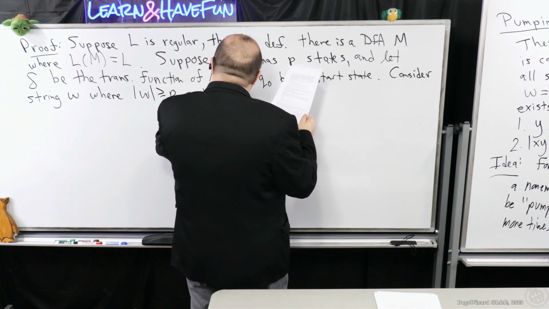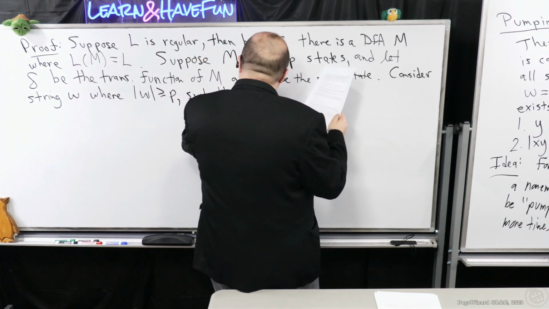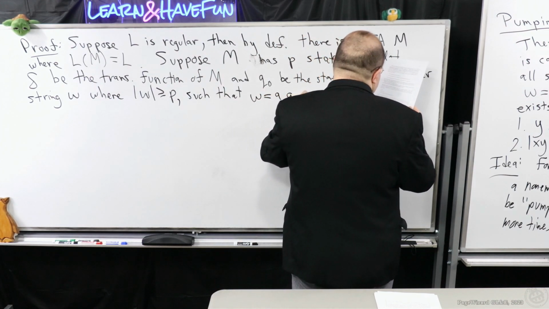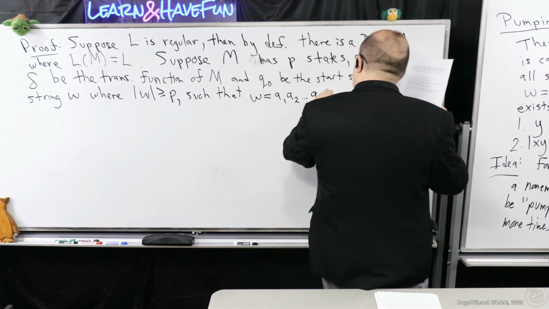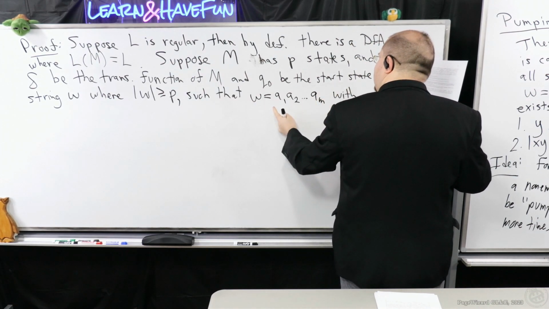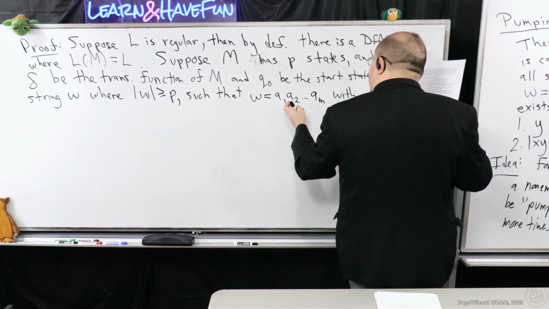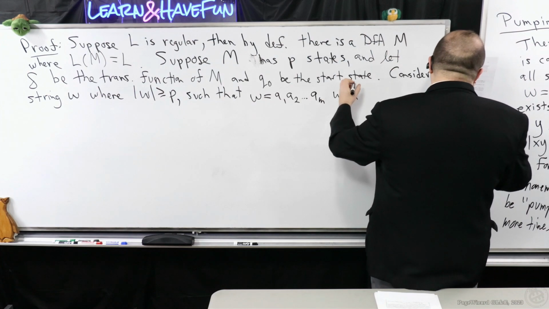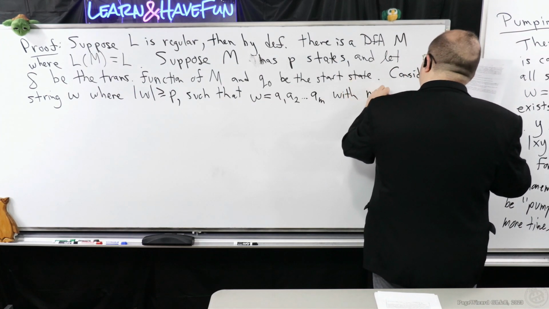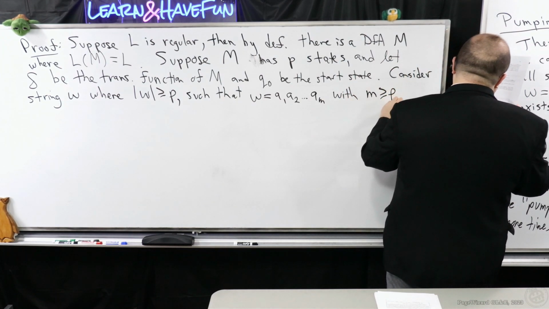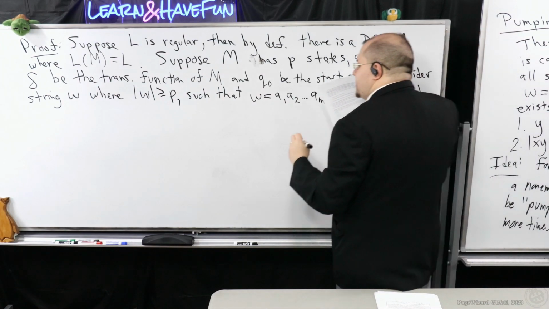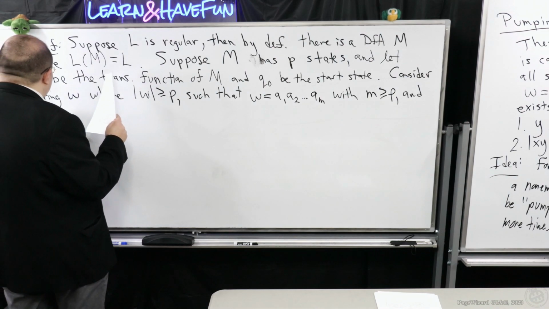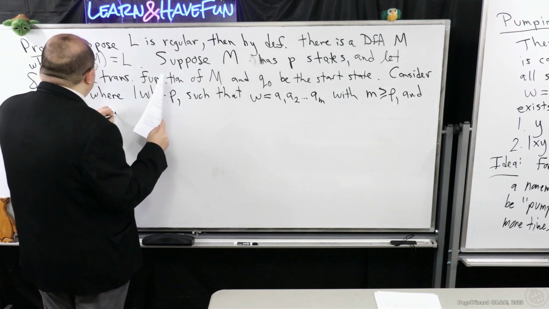Such that w is equal to a1, a2, and so on, up to am, one after the other, with m being at least p, and every ai is an input symbol.